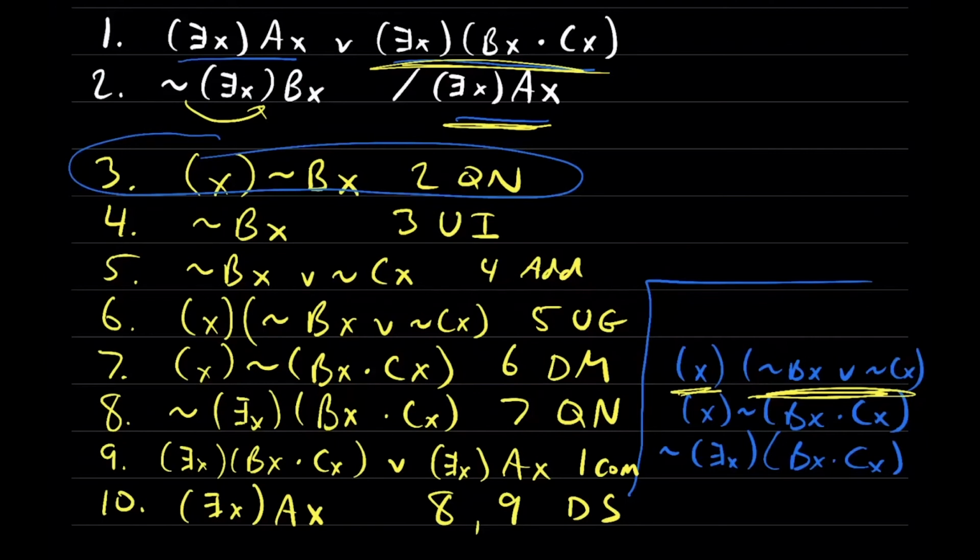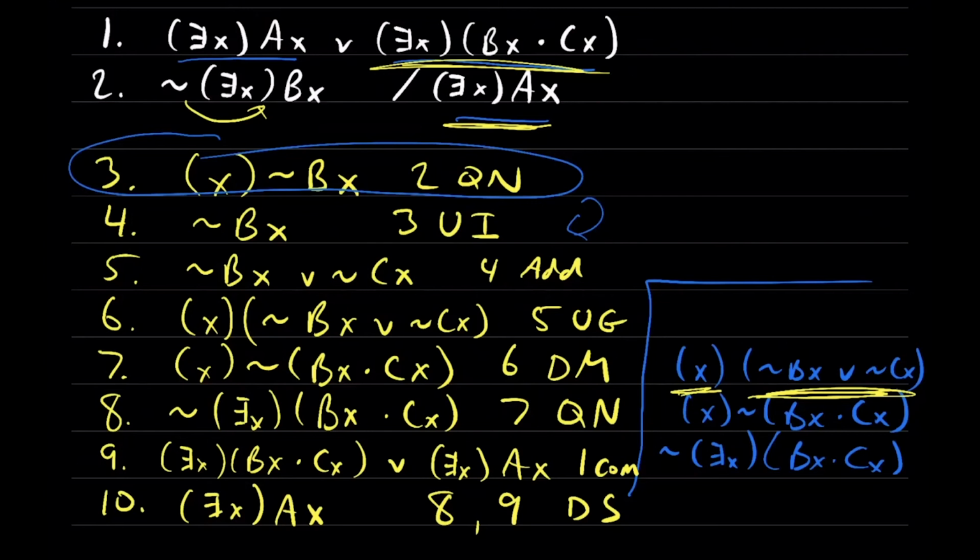The tilde is out in front of that existential quantifier. So it's not until we apply quantifier negation that we can do this universal instantiation step on line 4, right? Just remember that with the instantiation rules, you can't apply the instantiation rules to a part of an entire line. And on line 2, you don't have an existential statement, you have a negation of an existential statement. So you can't apply an instantiation rule.